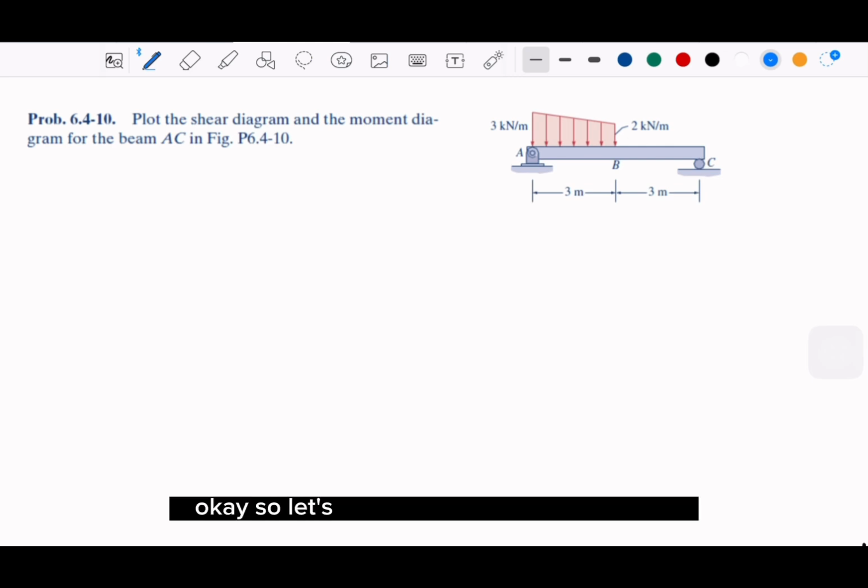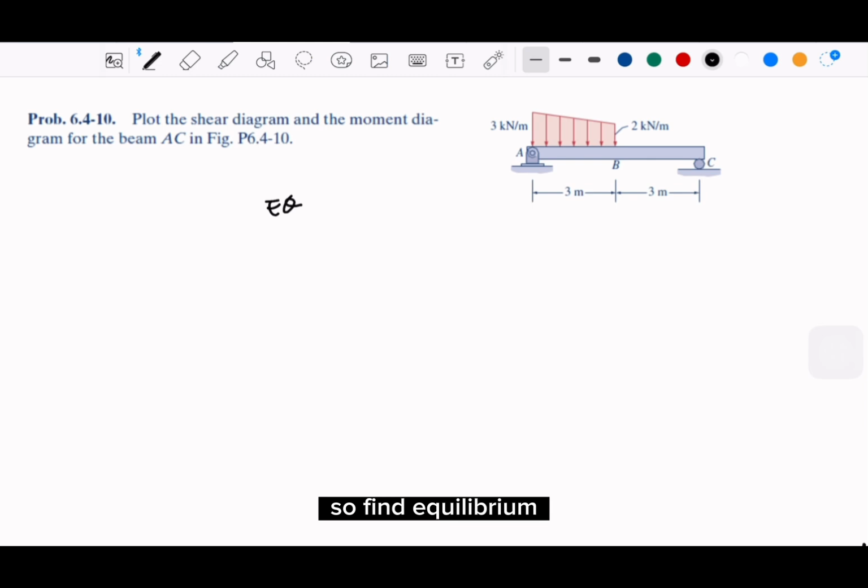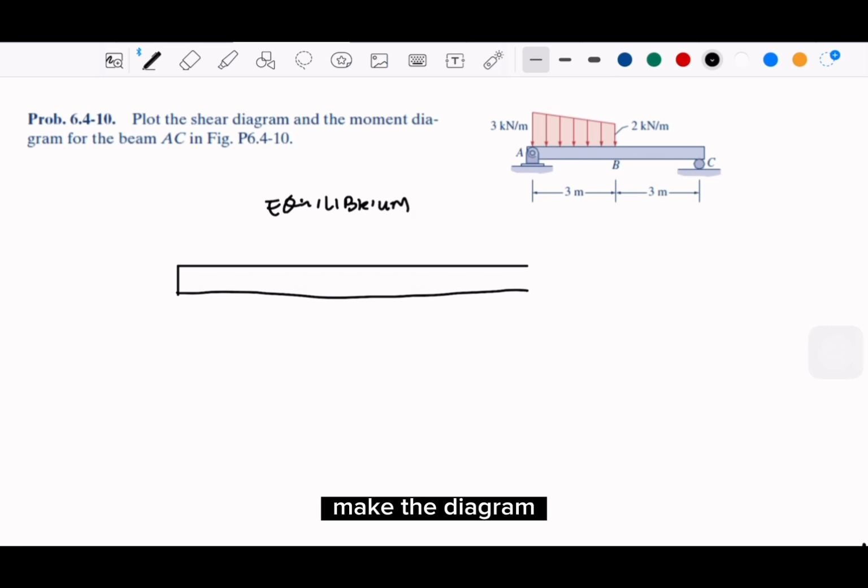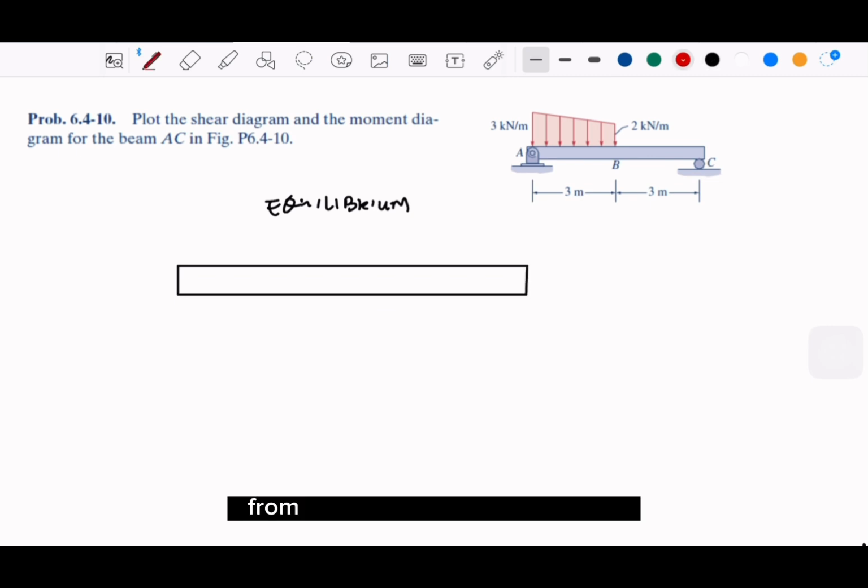Okay, so let's get back to this question here. First, this time, finding the equilibrium. So let's make the free body diagram from statics.